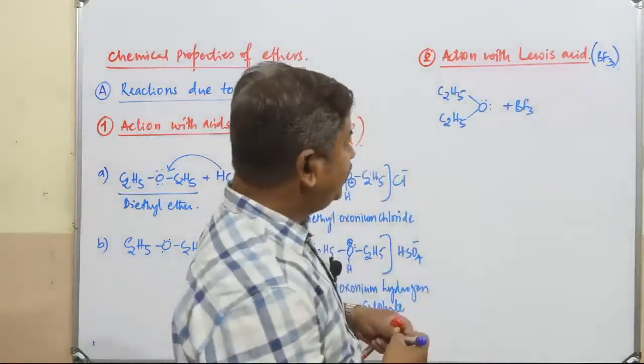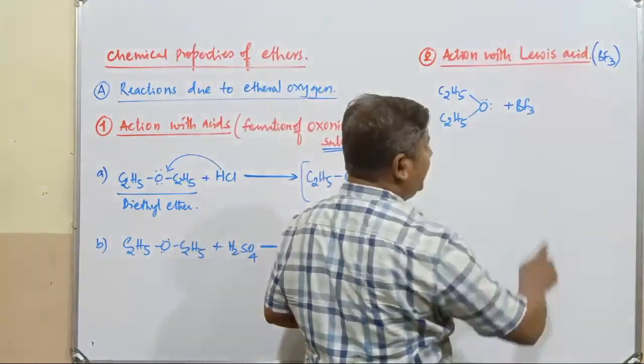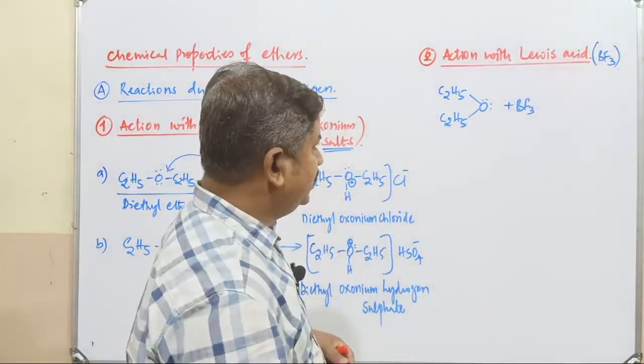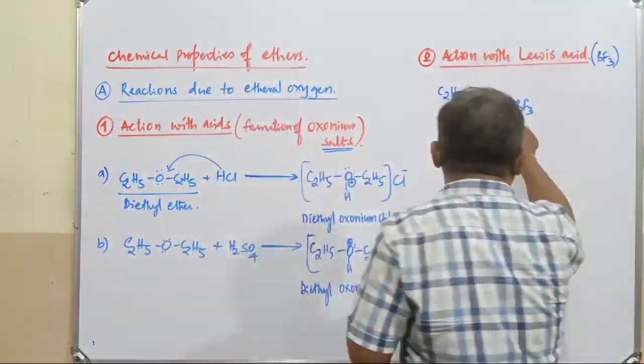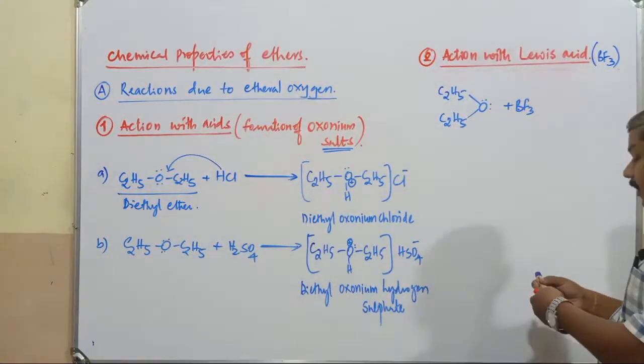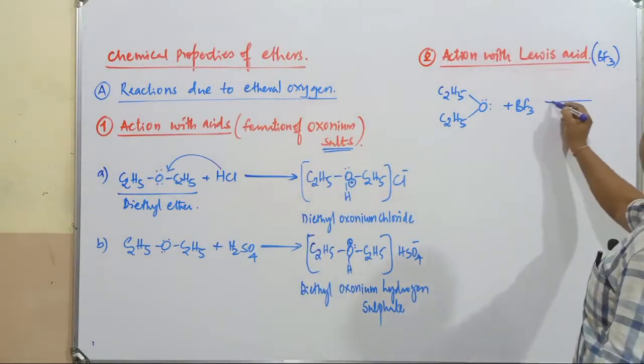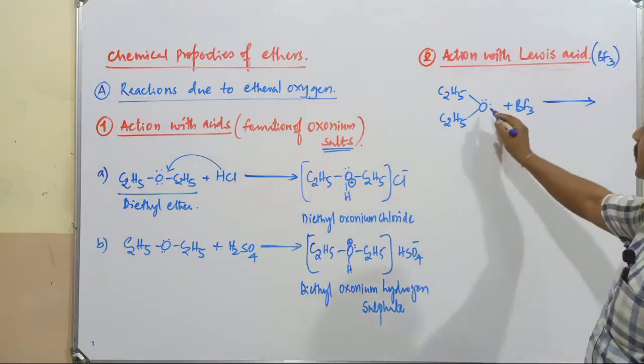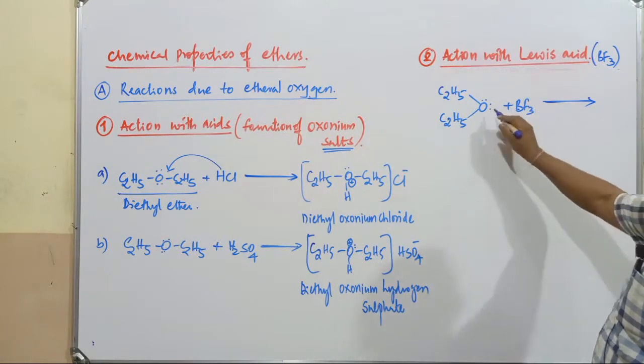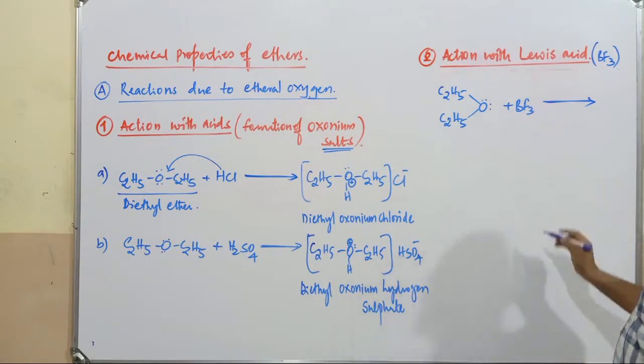Now if you observe the boron trifluoride compound, boron has only 6 valence electrons. In order to attain stability, it needs another pair of electrons. When it gets that pair of electrons, it becomes more stable. Oxygen shares its electrons and forms a covalent bond.